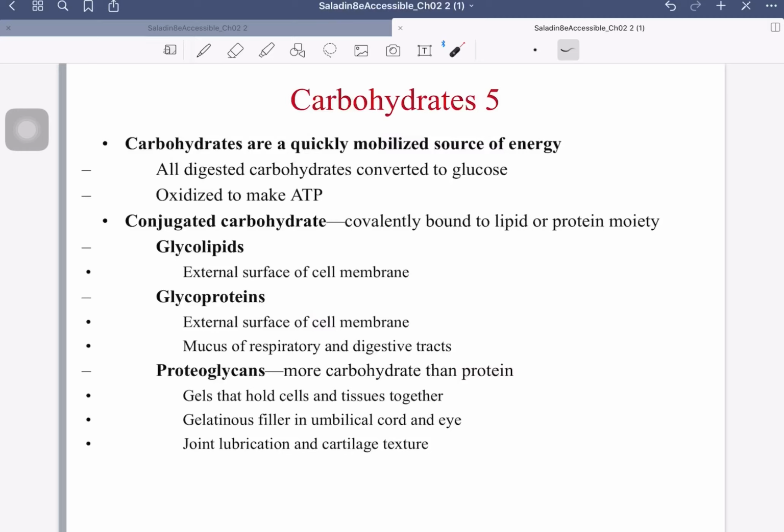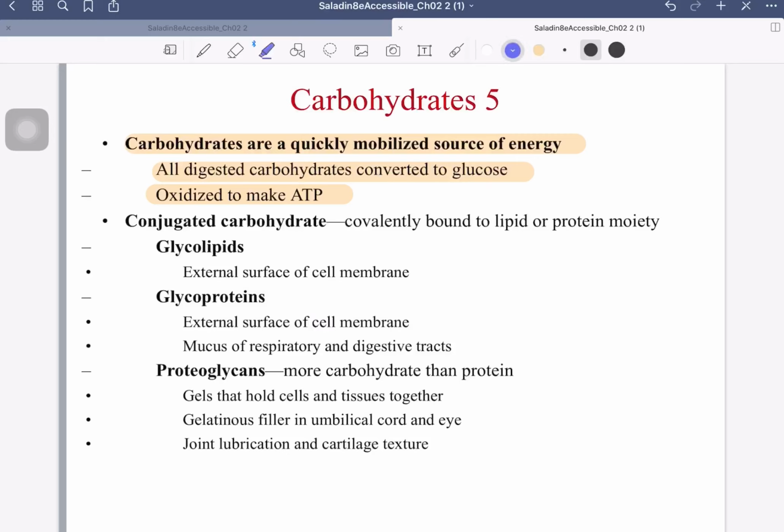Now, in the world of carbohydrates, often what we do is we start to add things to the carbohydrates. What's the other advantage of carbohydrates? Carbohydrates are quickly mobilized as an energy source. Really, what we like to do is take carbohydrates and get them down to the glucose level to use them, and they have a big role in the creation of ATP, adenosine triphosphate.